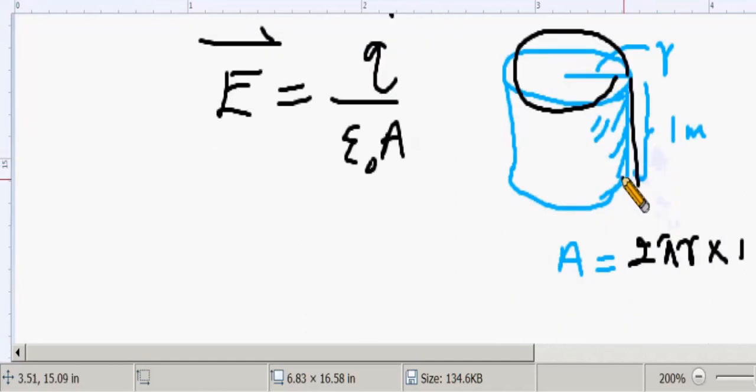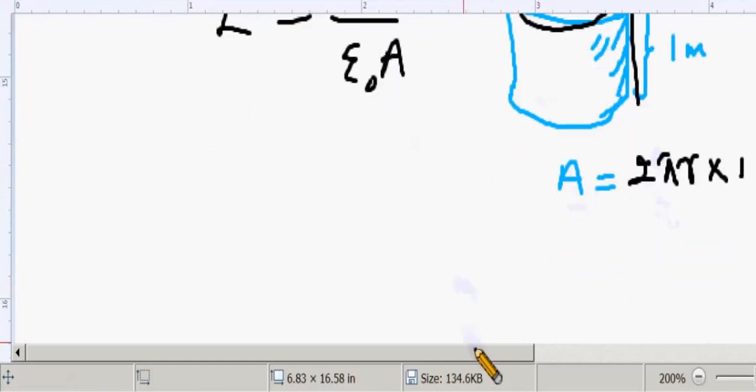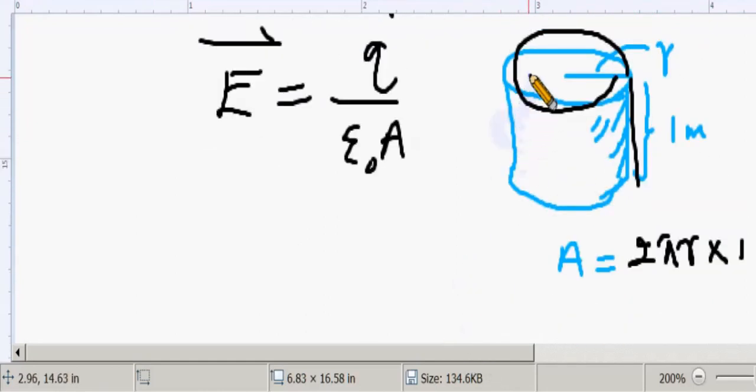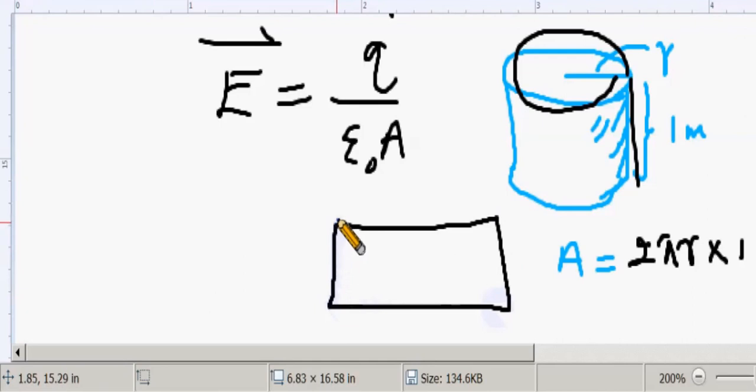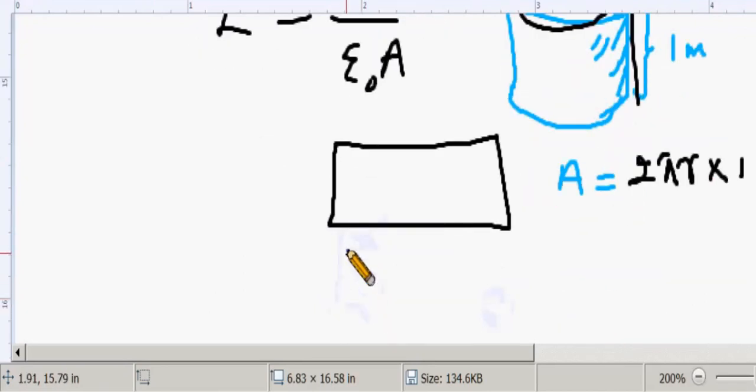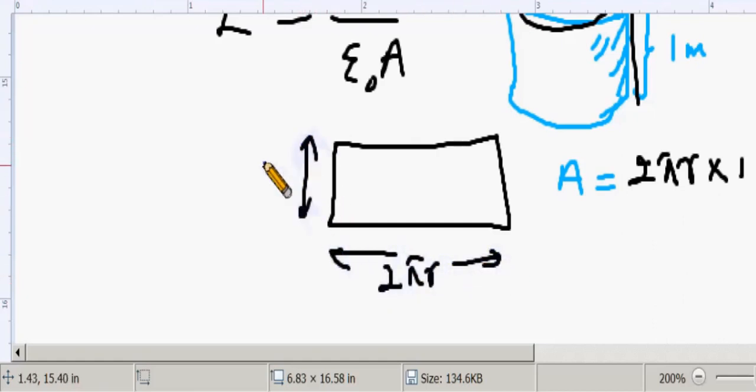Suppose this cylinder is cut from somewhere and unfolded, so we get a rectangle plate like this, whose this side is equal to 2 pi r, this side equals to 1 meter. So that is so simple. Grade 11 mathematics.